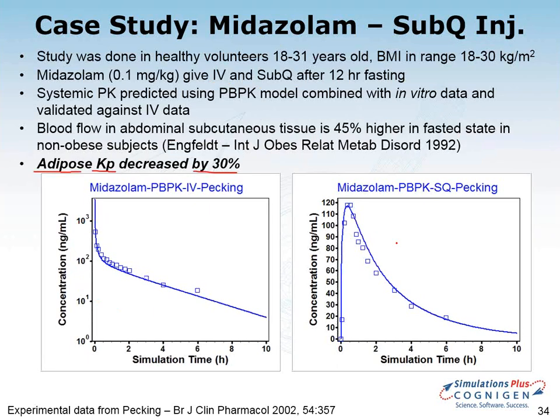So this could potentially be another way of determining the adipose Kp values, the adipose partition coefficients, without having to do the measurements or sampling the adipose tissue. Just by utilizing subcutaneous injections could give us a better idea about that partition coefficient as well.